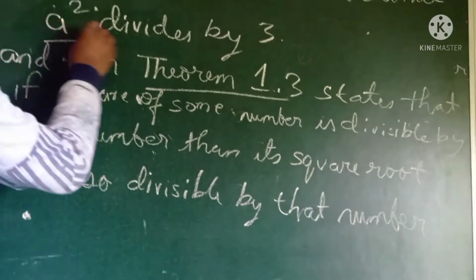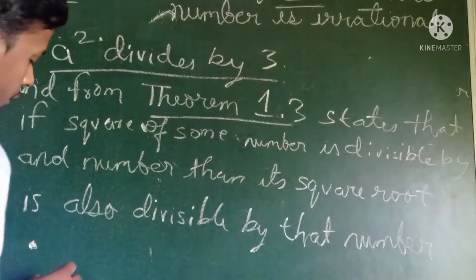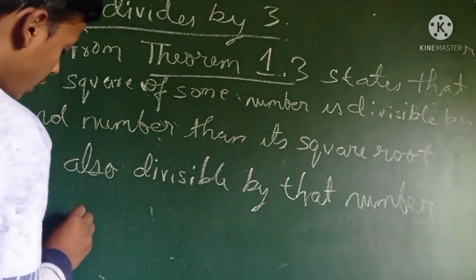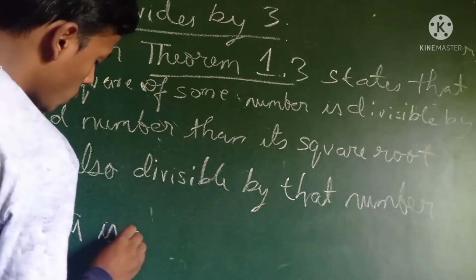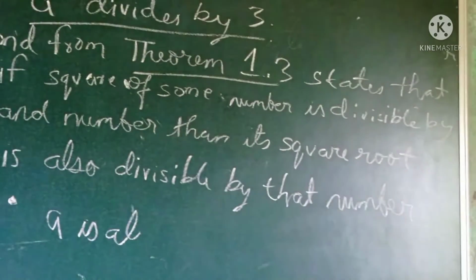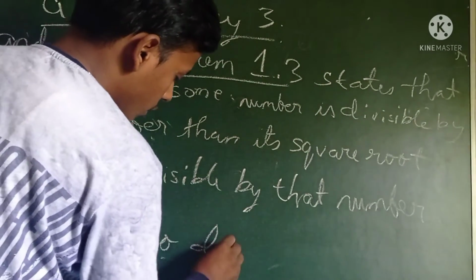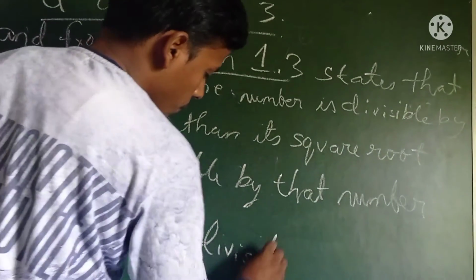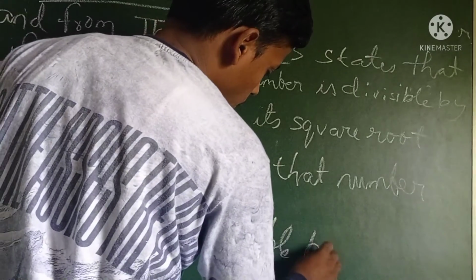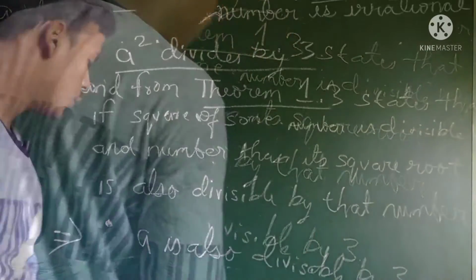This means a square is divisible by 3, then a is also divisible by 3.